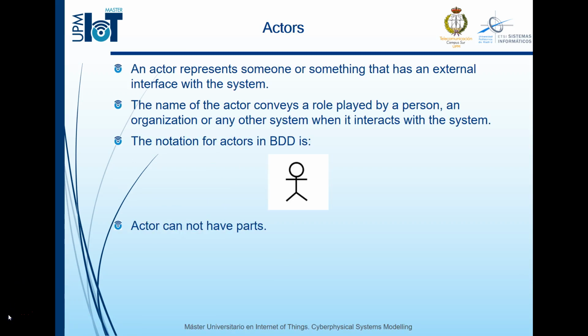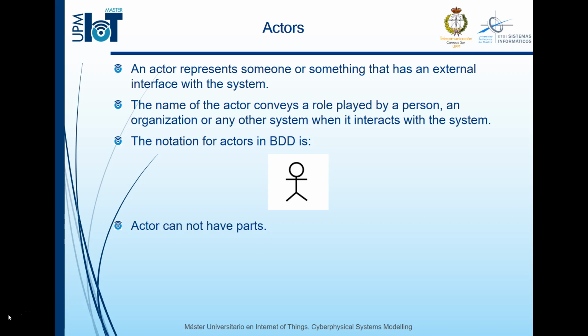Okay, so let's continue with the last part of this session. I'm sorry, I don't know your name, but he has just asked me a very interesting question. Ramon, what's your name? Ramon. Thank you, Ramon, for your question. He asked me, what or who could be an actor?